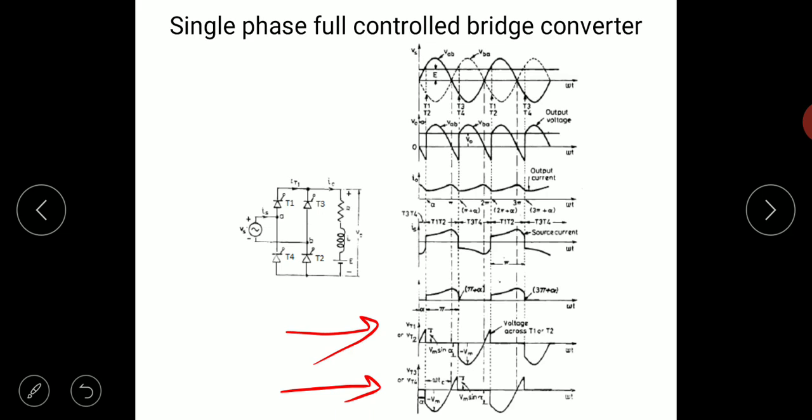So we have analyzed all the waveforms in this single phase fully controlled bridge converter, and we have observed that the harmonic content is lesser on the supply side as compared to the load side current.